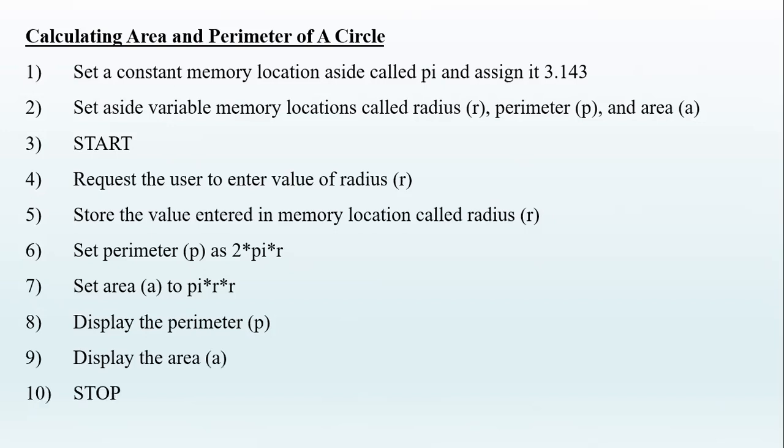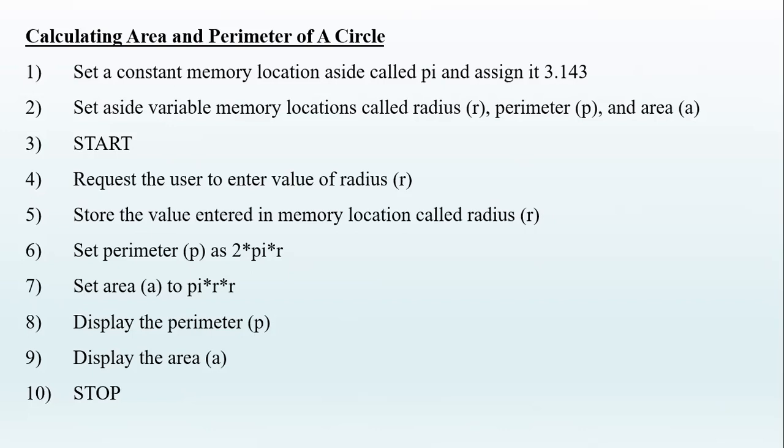And number ten, stop. My dear students and the rest of the learners, kindly note that pseudocode is simply a set of statements that indicate exactly what a program is going to do. And those statements will be executed in the order that they are written.